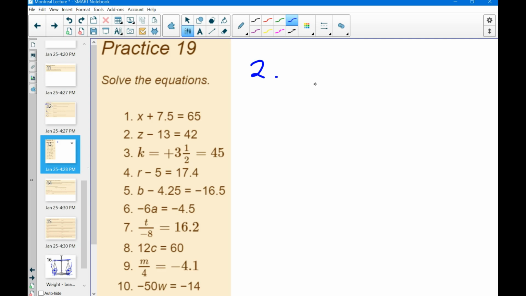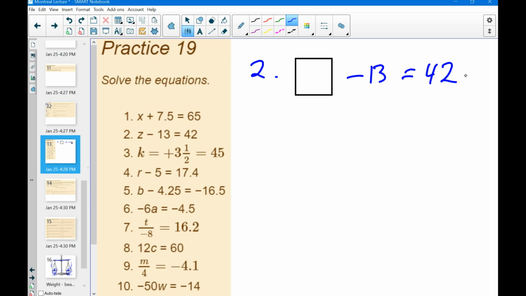I'm going to try a little trick first of all, and show you how these concepts were usually explained to me as well. So what I'm going to do, I'm going to take this here and get a square. I'm going to put my square right here. And I'm going to have square minus 13 equals 42.